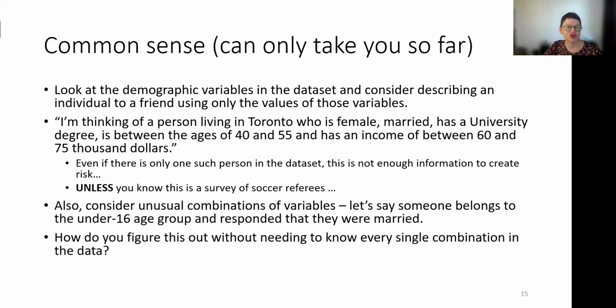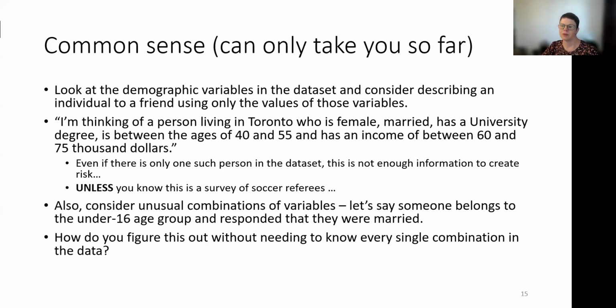Also, consider unusual combinations of variables. Let's say someone belongs to the under 17 age group and is married or divorced. Well, okay, you've got lots of 17-year-olds, you've got lots of people who are married, but that is an unusual combination. That person is more unusual than other people. How do you figure this out without needing to know every single combination in the data?